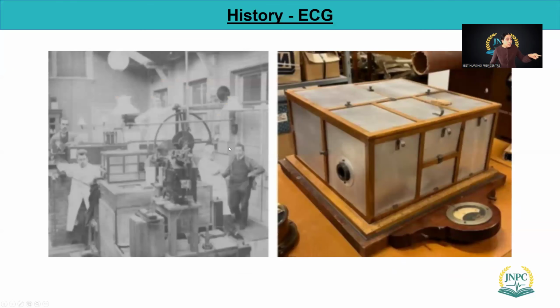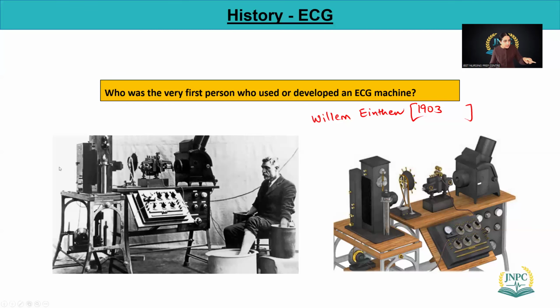Look at that, how many people used to take care of this big machine? It was said that it usually weighed around 270 kg. Can you believe 270 kg? It was a big setup.